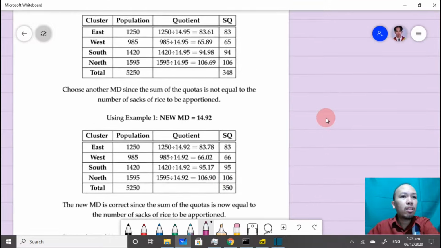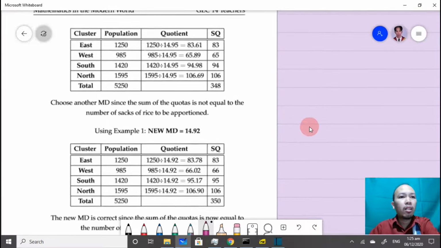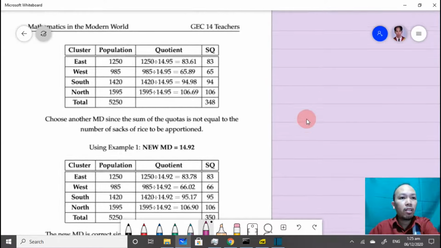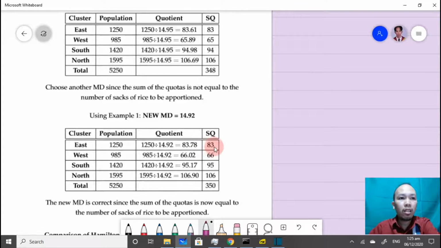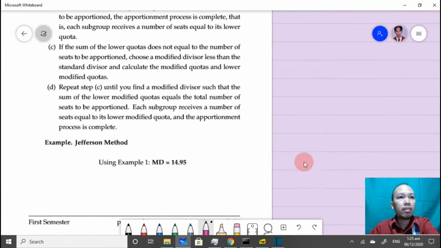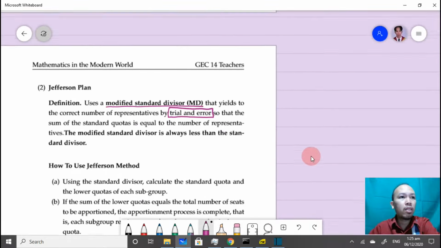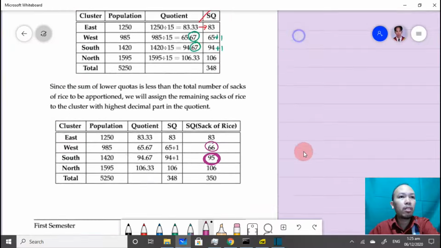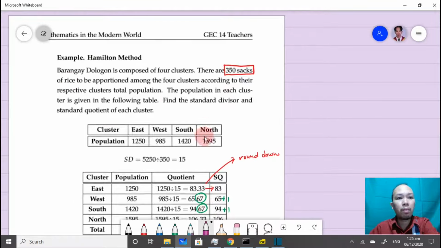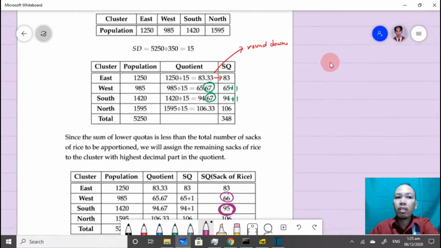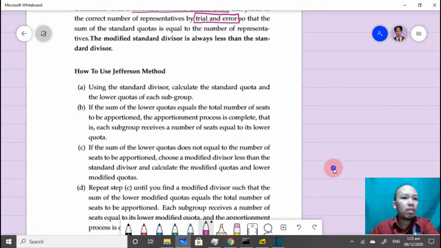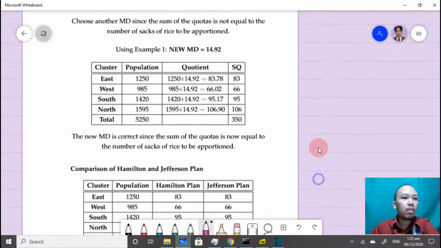And notice in the Hamilton and the Jefferson plan example here, they are the same: 83 sacks for the east, 66 sacks for the west, and so on. With this example, they are the same table. But there's a note here that I am going to elaborate.